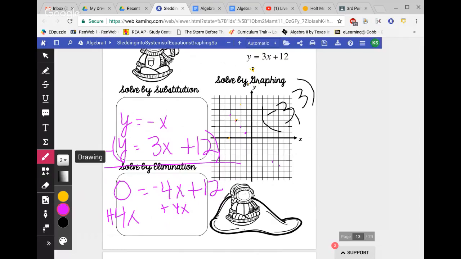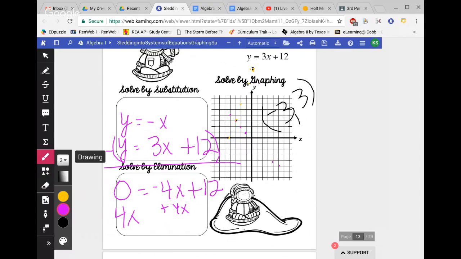Wouldn't it be a -12 if it was 0 minus 12? Yes, it would. Good job, Lily. Way to go. Okay, and I would have got the wrong answer, so thank you for catching that.